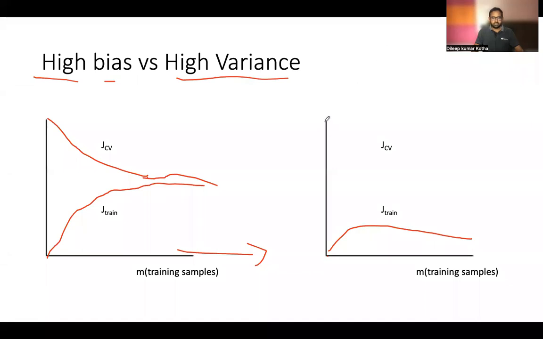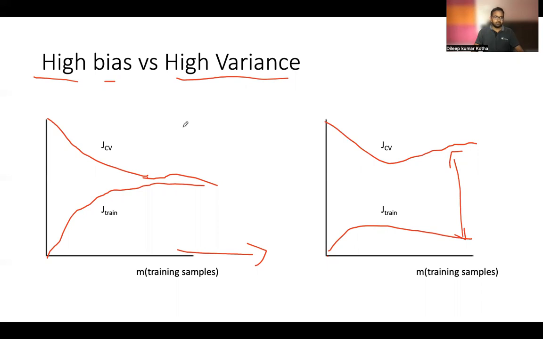The cross-validation error will look like it is decreasing, but it will go up. So there will be a large gap between the train error and the cross-validation error. If this happens, then we can be sure that we are suffering from high variance. Since the hypothesis will not be able to fit well by reducing the cost as much as possible, with the increase in training samples, we can reduce the variance.